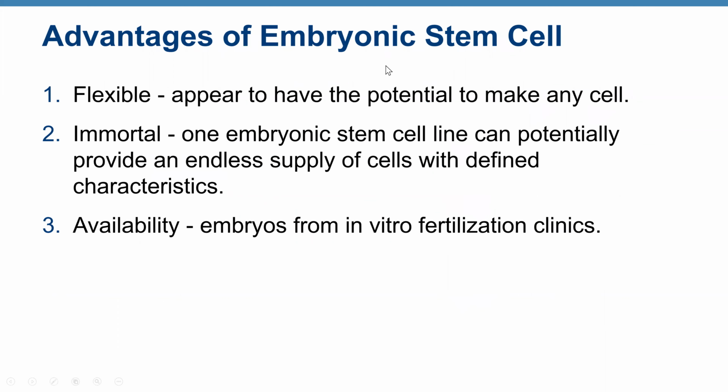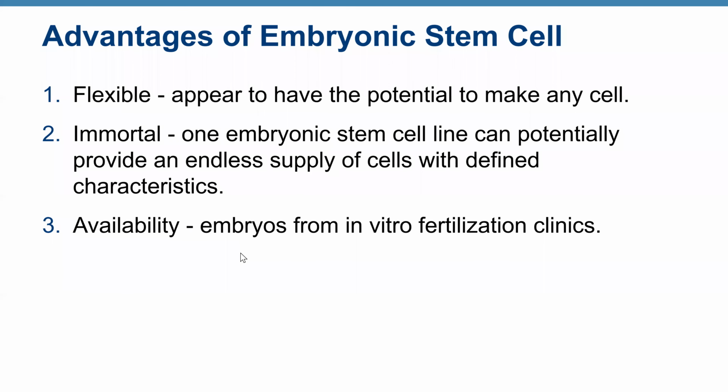The advantages of using embryonic stem cells: they are flexible. They appear to have the potential to make any cell. Immortal: one embryonic stem cell line can potentially provide an endless supply of cells with defined characteristics and availability. Embryos come from in vitro fertilization clinics, so we can easily get the embryonic stem cells.